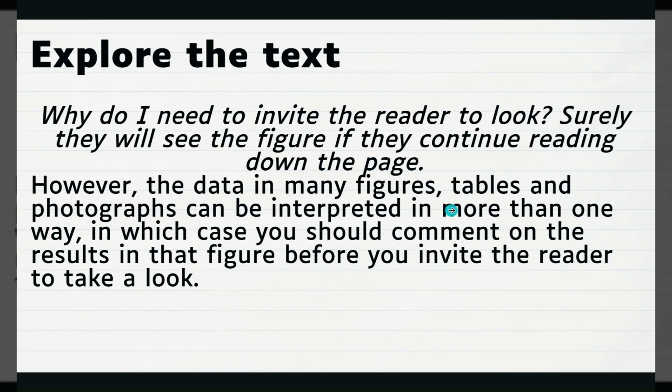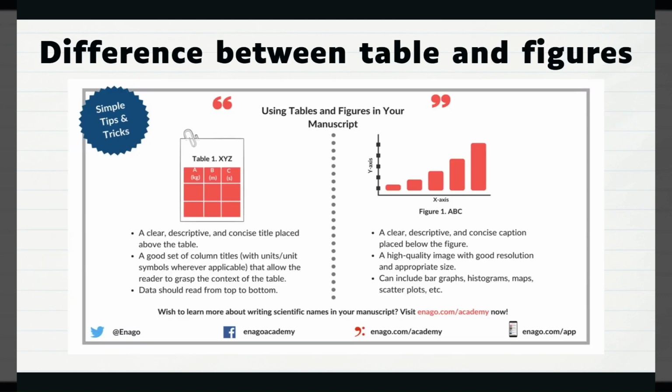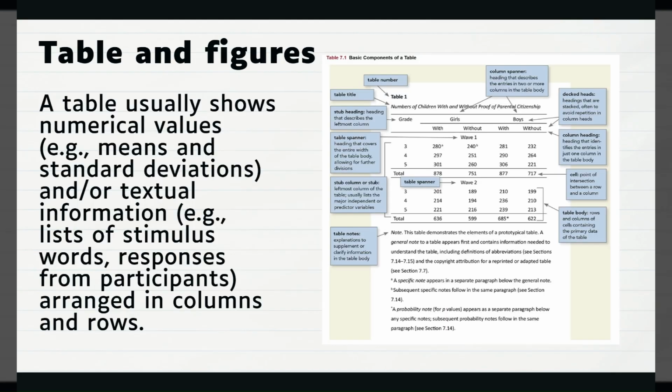So, in that case, you should comment on the results in that figure before you invite the reader to take a look. Okay, so the data does not speak for itself, basically. So, you have to be able to help them make sense out of the information. In a separate video, I discussed the difference between tables and figures. So, I hope you remember them.